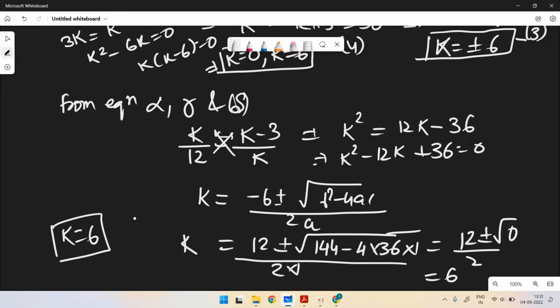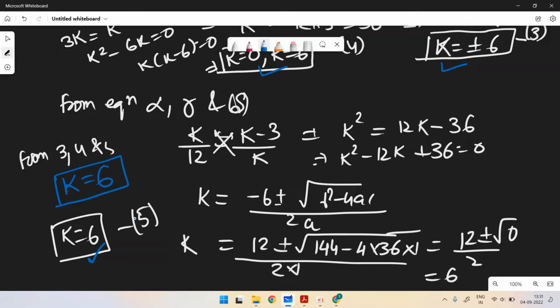Now if you take this as 5, then from 3, 4 and 5, we get k equals plus minus 6, k equals 0 and 6, and k equals 6. So if you take all three in common, then the value of k is 6 only.